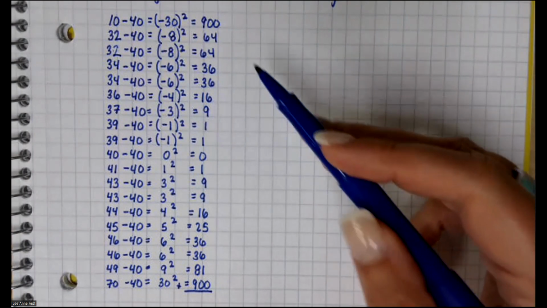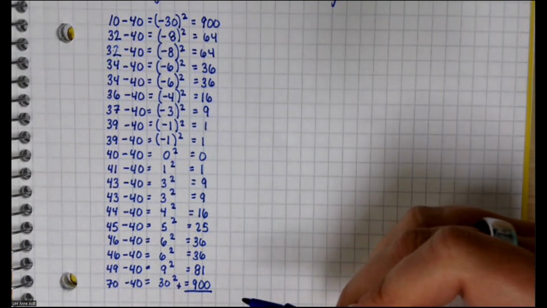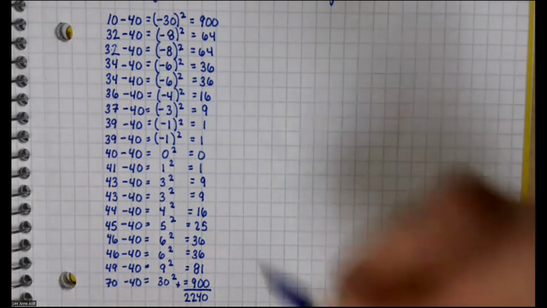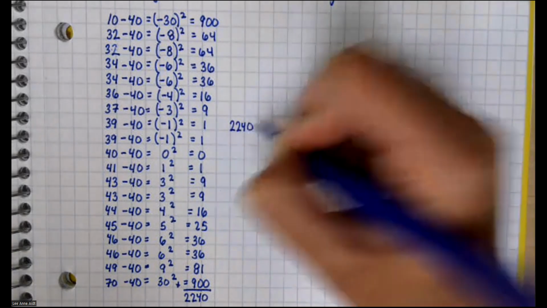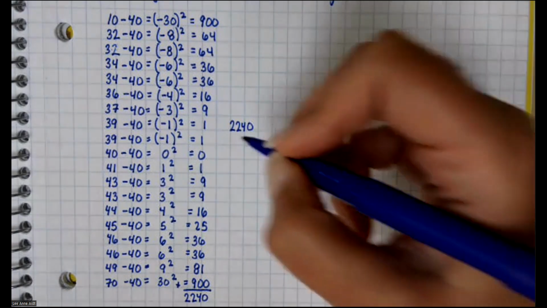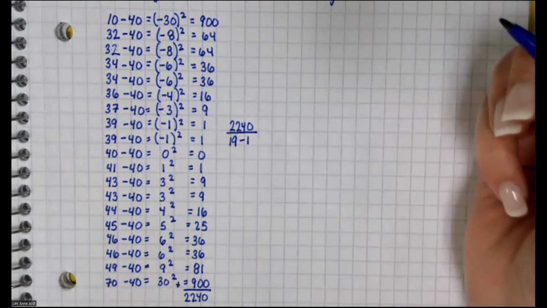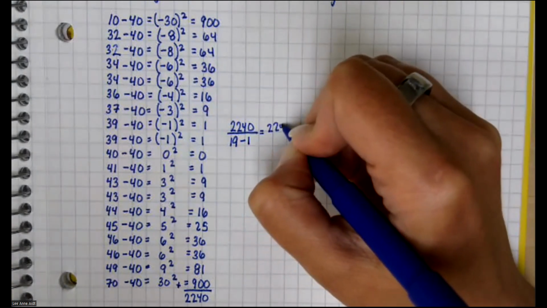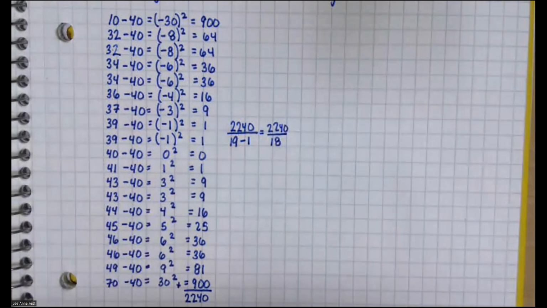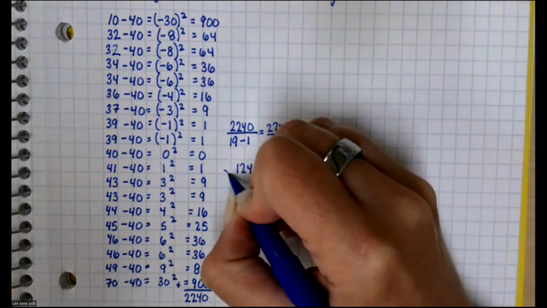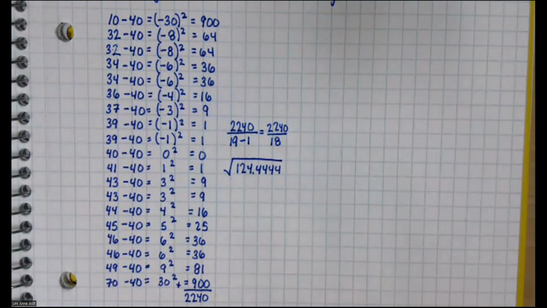Do you know what the next step is? Add them all up. Do you trust me to have added them all up correctly? And what do I divide by? 19 minus 1, right? Last step is to square root.